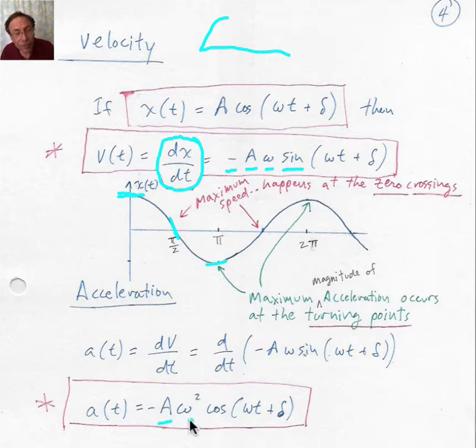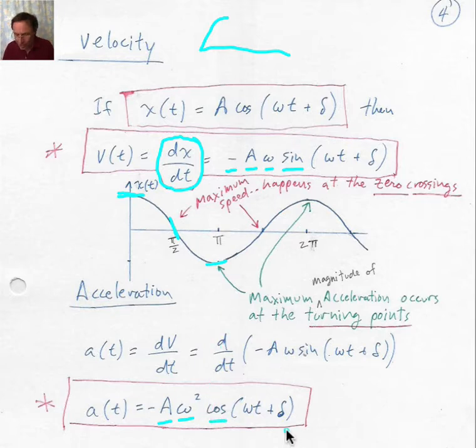It turns out that it's going to depend on the angular frequency squared, and it's going to come back to the cosine here. So you have cosine when we're talking about position, we have sine when we're talking about velocity, and we have cosine again when we're talking about the acceleration.